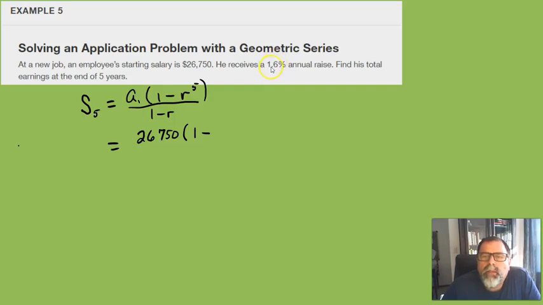So it's 1 plus 0.016. So 1.016 to the 5th power all over 1 minus 1.016.